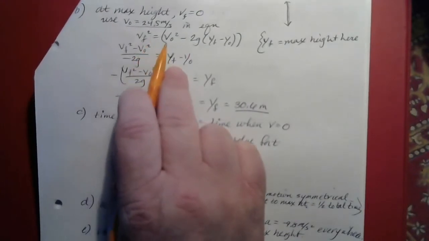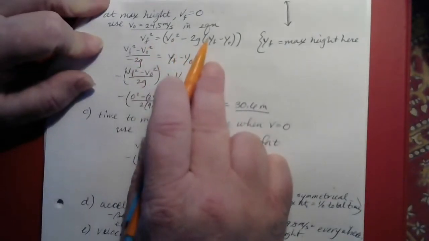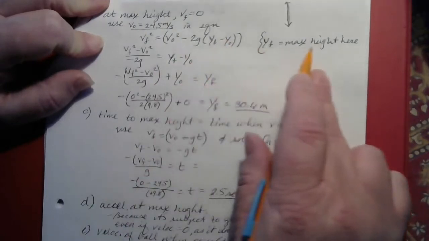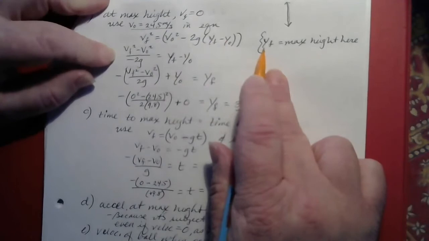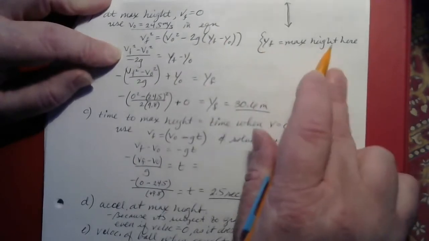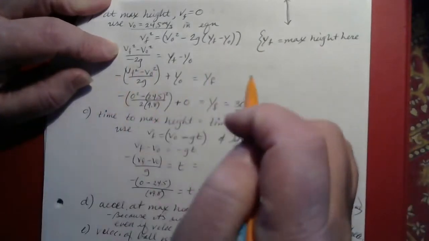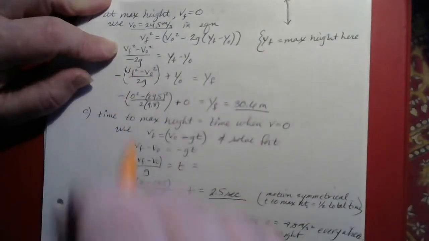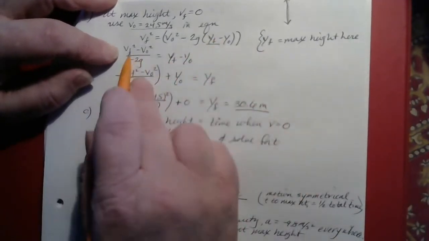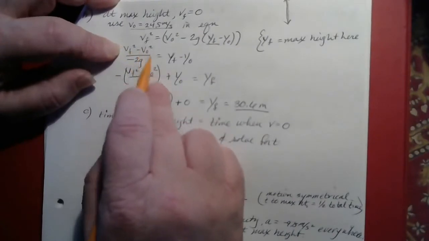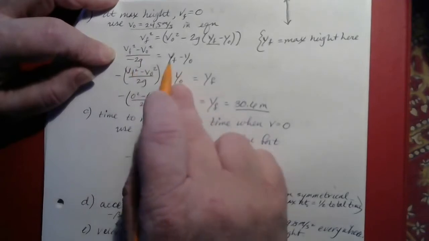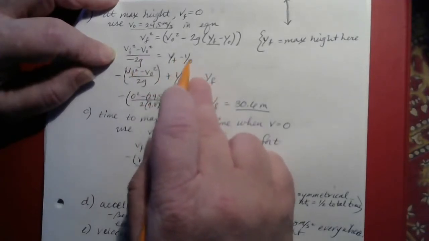V final squared equals V original squared minus 2G times Y final minus Y original. And Y final is just going to be the maximum height in this part of the problem. Okay, so we basically solve for Y final. We end up with V final squared minus V original squared over negative 2G equals Y final minus Y original.